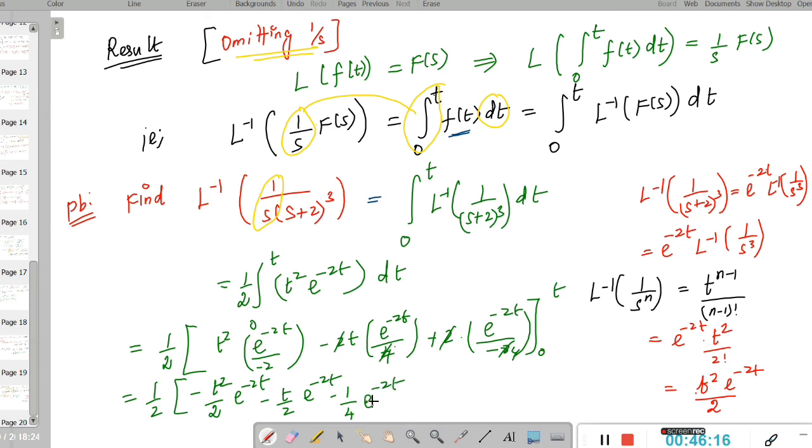After substituting the upper limits, you have to substitute the lower limit also. If you substitute lower limit t equal to 0, the first two terms are going to be 0, but in the third term you may get some non-zero value. Already one minus is there, so minus into minus gives plus 1 by 4. So this is the answer for the given L inverse.